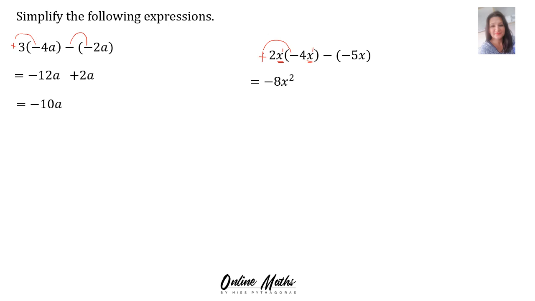So that's why the answer was negative 8x squared. And then the last term, negative times a negative is a positive 5x. You cannot take that one further since x squared and x are not like terms.